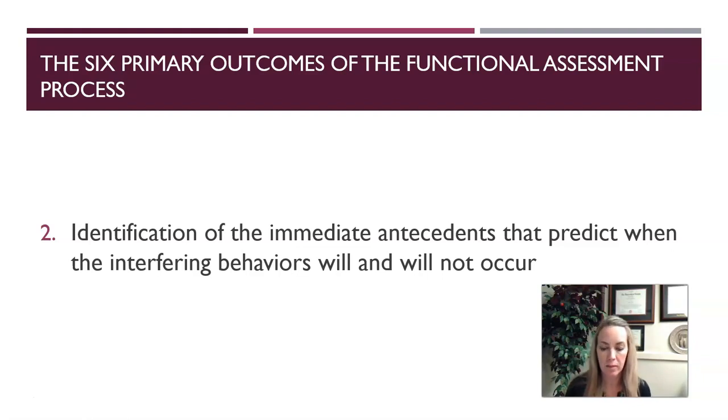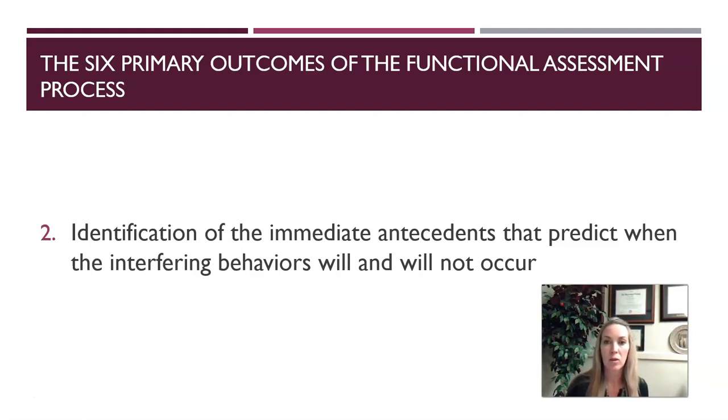Remember, those discriminative stimuli have to be paired with an S delta, a stimulus delta, meaning only on certain occasions is the reinforcement available, but there have to be occasions when the reinforcer is not available.